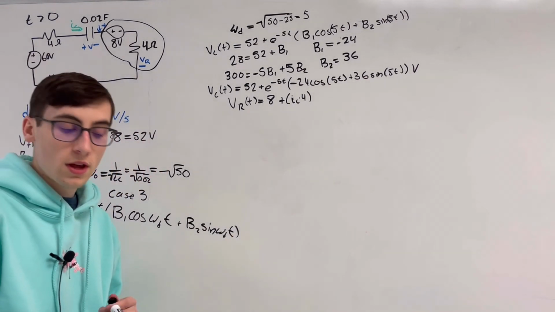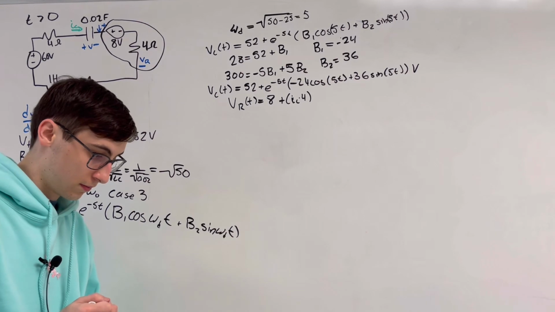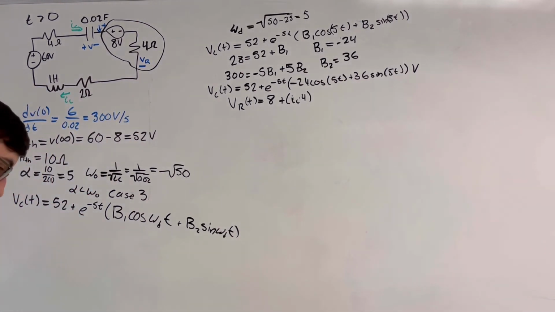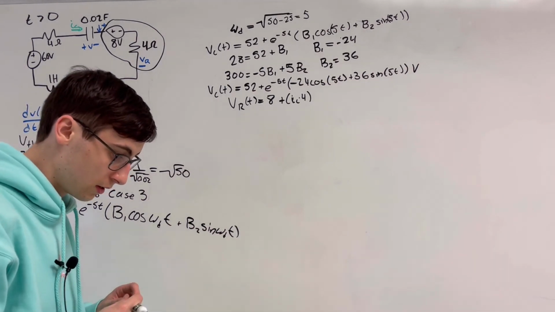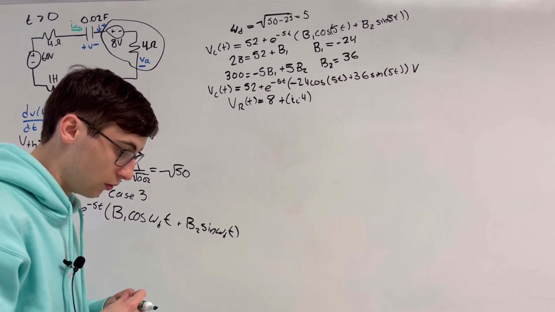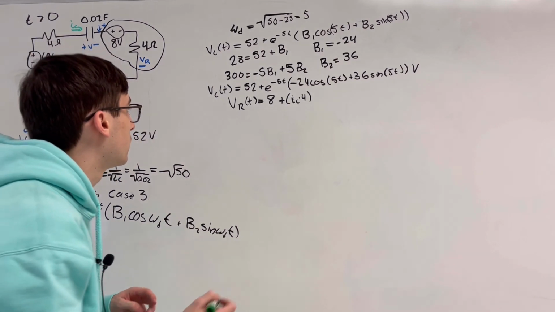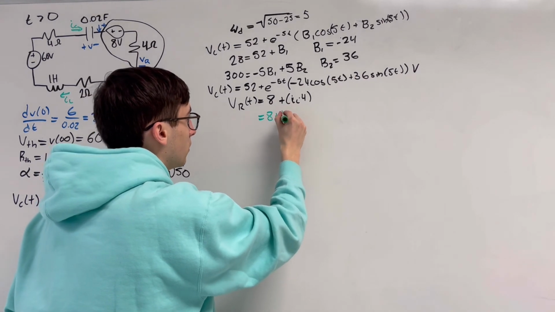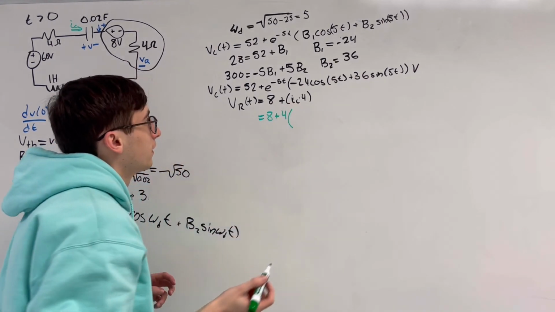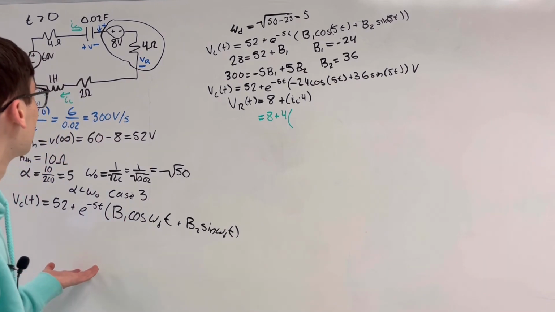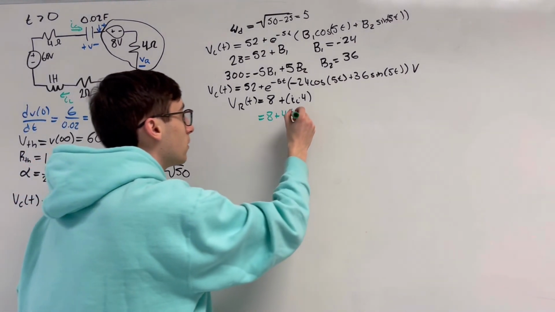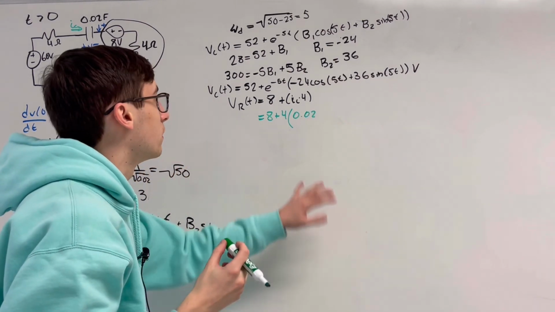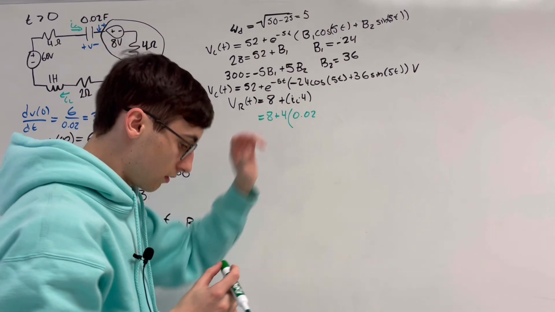So now what we do is solve for IC. IC is equal to, this is just going to be equal to 8 plus 4 times the capacitance of our capacitor, which is 0.02, times the derivative of our VC of t.